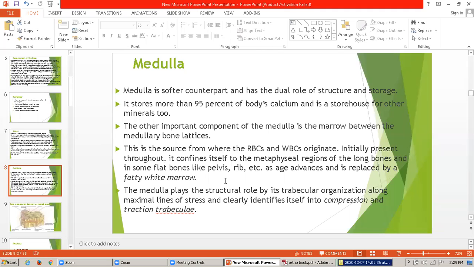As age advances it is replaced by a fatty white matter. The medulla plays a structural role by the trabecular organization along the maximum lines of stress and clearly identifies itself into the compression and traction planes.